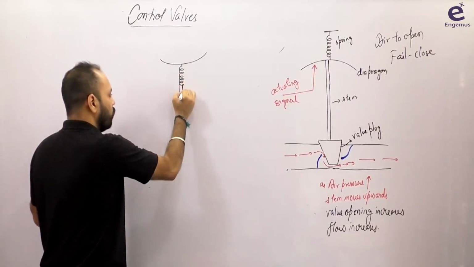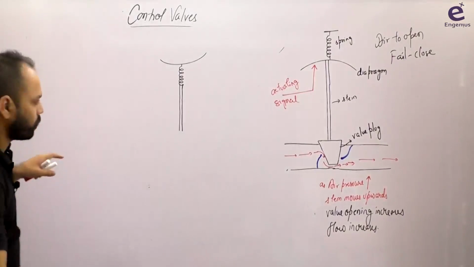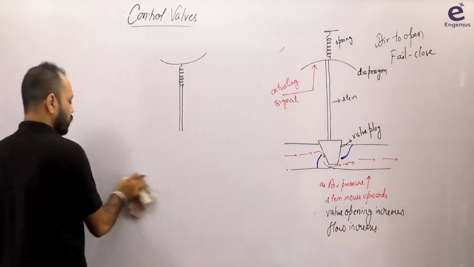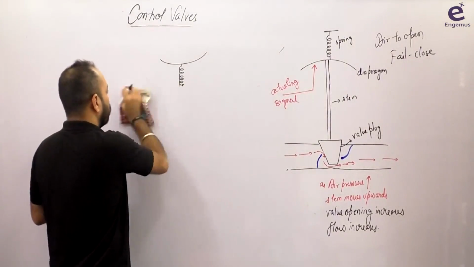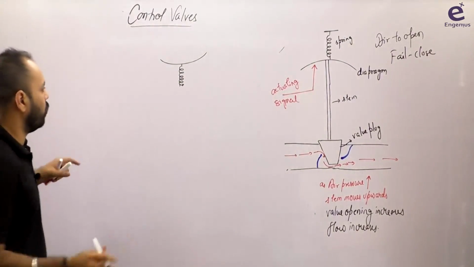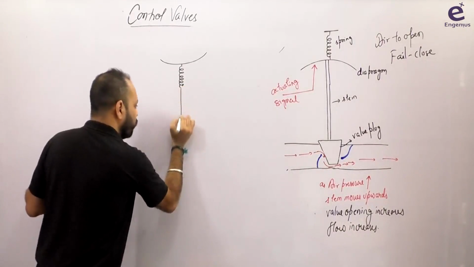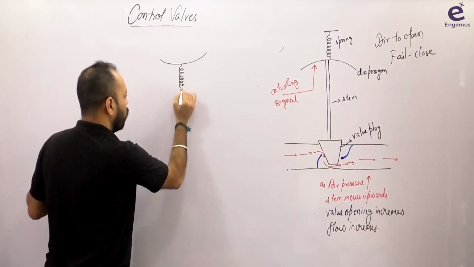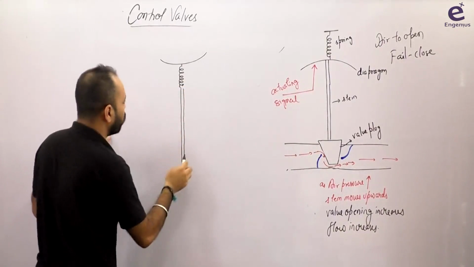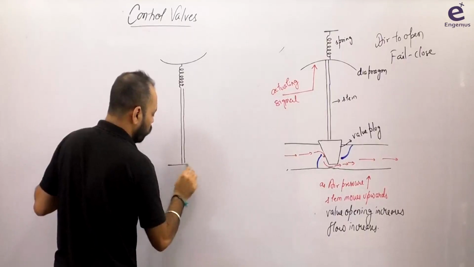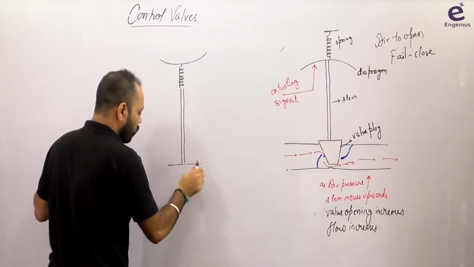This is just symbolic, I'm not able to recall that word. This is not the exact construction of the valve. Just to show the concept behind this air to open and air to close. है ना?